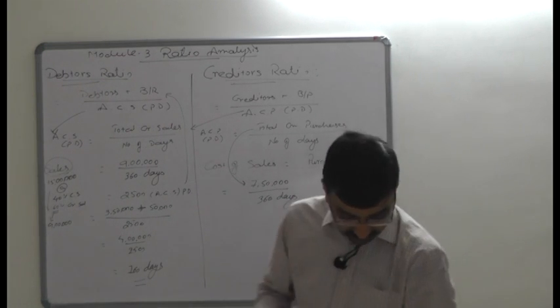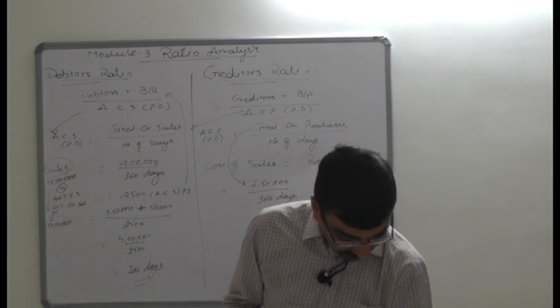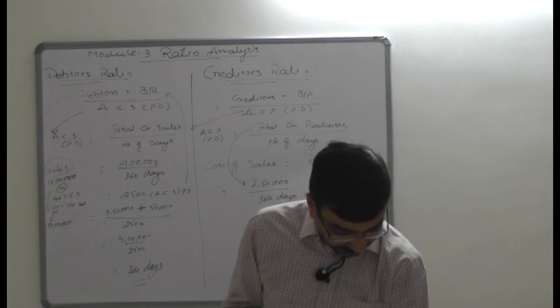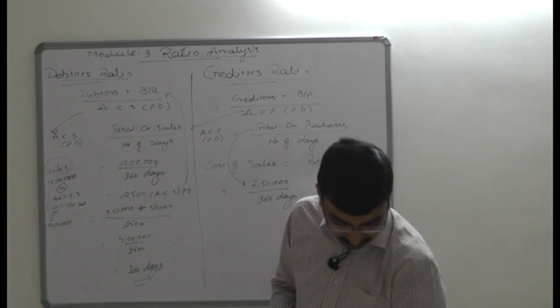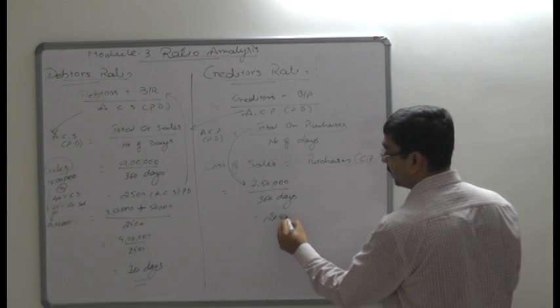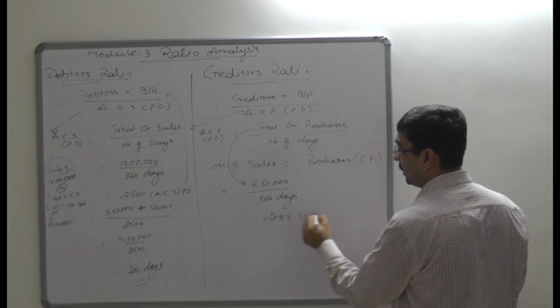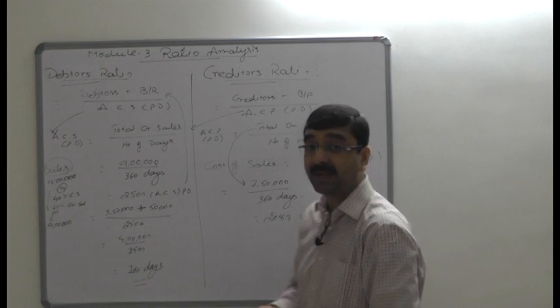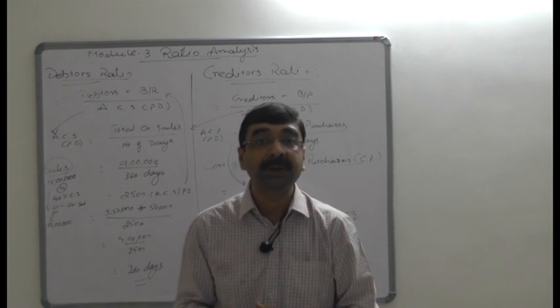So let's first find out the credit purchase per day. It comes to 2083.33, so approximately 2083 average credit purchase per day.